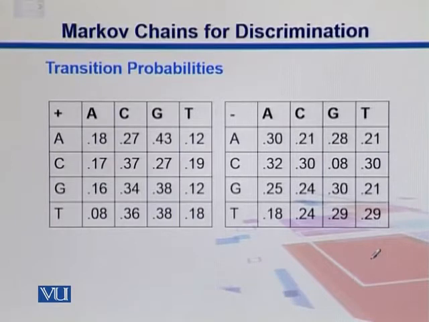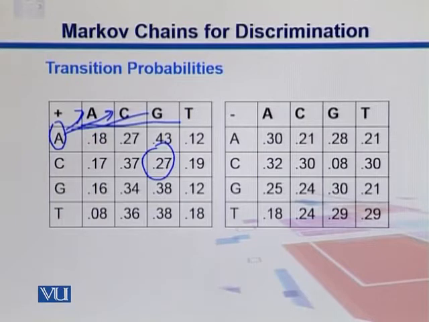What we see here is how many times A is followed by A, C, G, and T. In the same way, how many times is C followed by G in the plus region? We observe that it is 0.27, which is small but still a big number when compared with the control, the non-coding region.